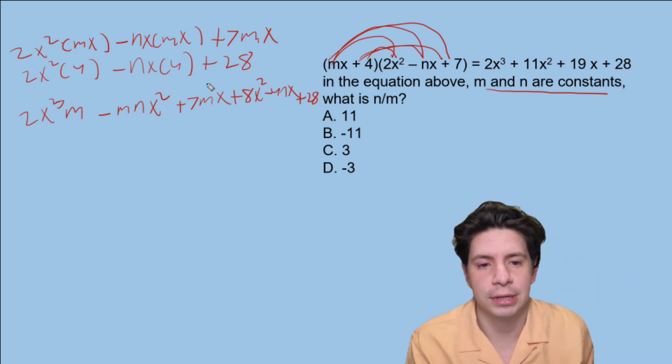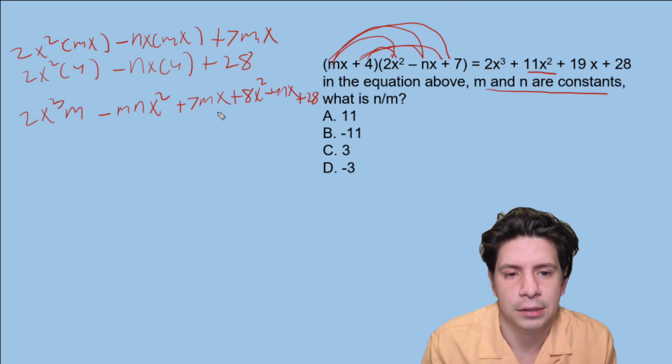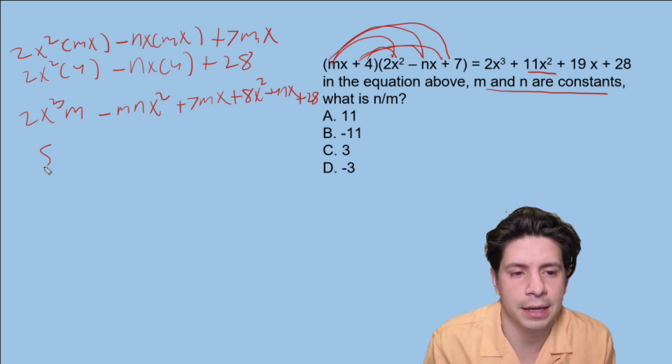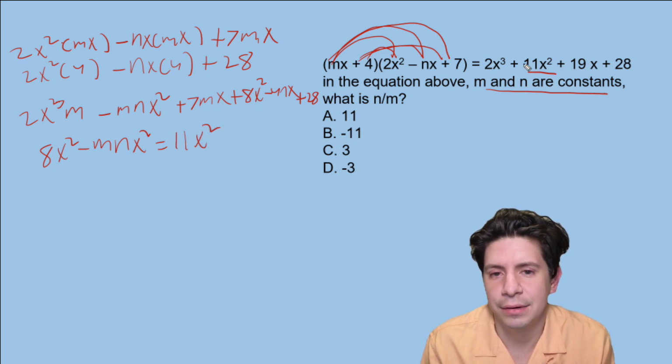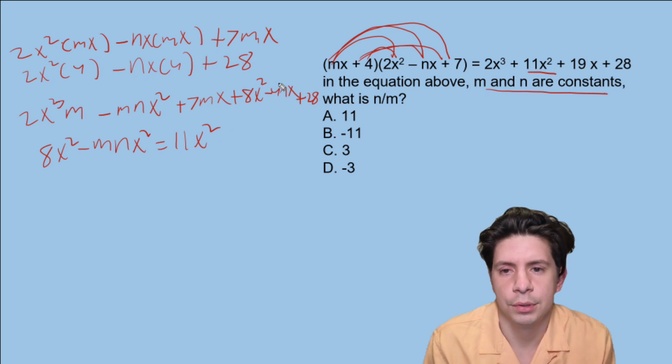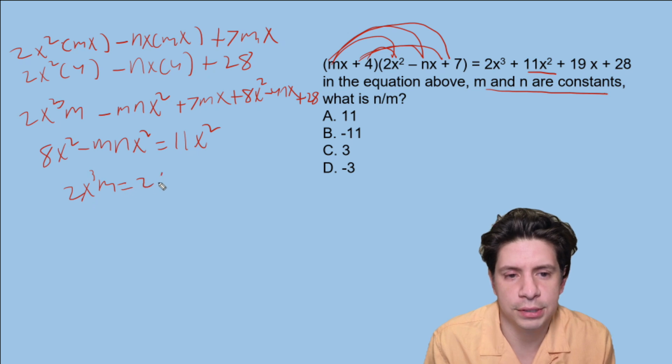For the x squareds, let's just focus on x squareds because we know it has to line up with 11. So first we have 8x² − mnx² = 11x². And then we have 2x³m = 2x³. That tells us m = 1.